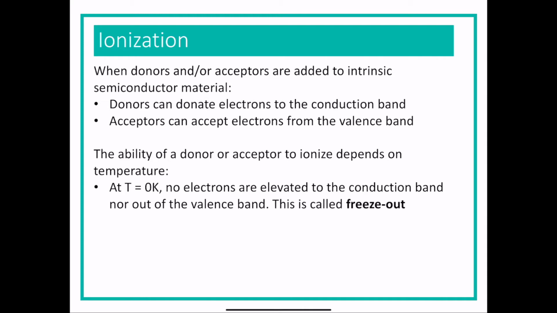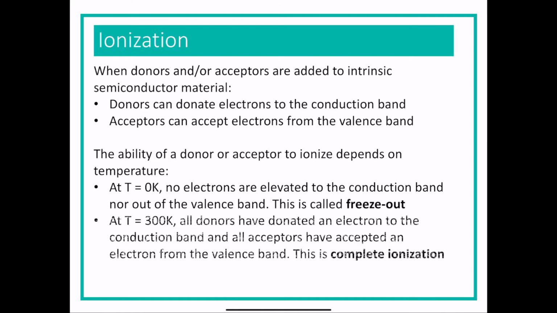We call this condition freeze out, because everything is at its lowest energy level and it's not going anywhere. At 300 K, which is a little more than room temperature, everything that could possibly be ionized in the material has become ionized. That's something we call complete ionization.